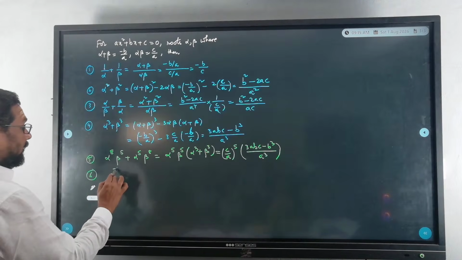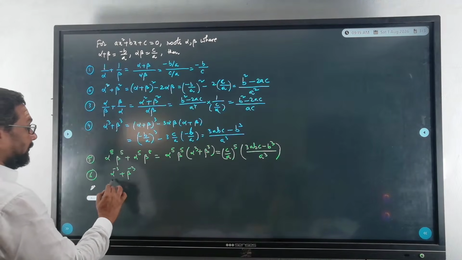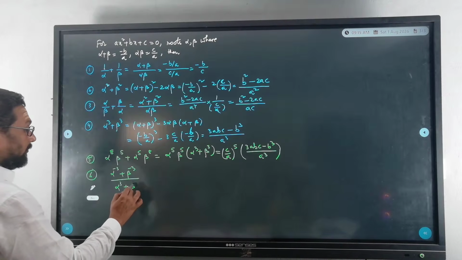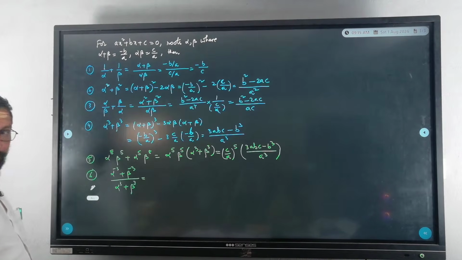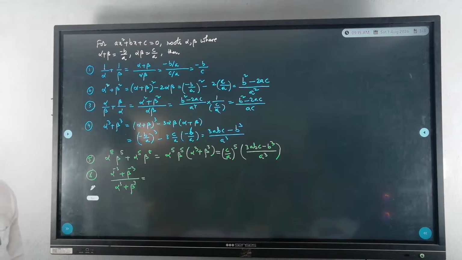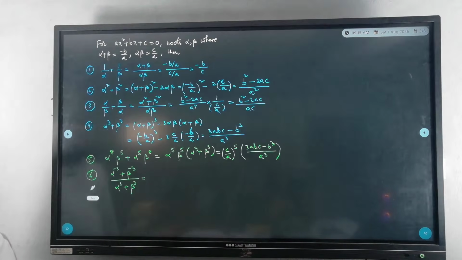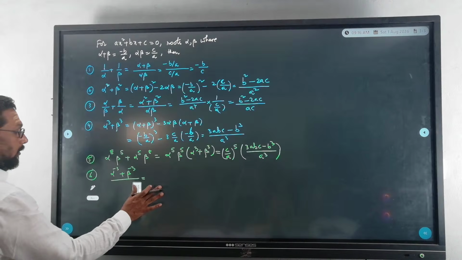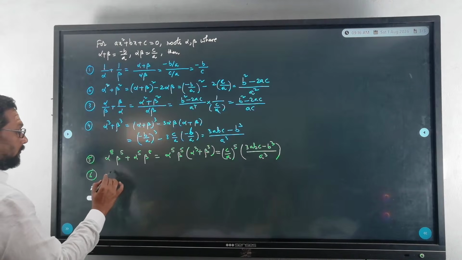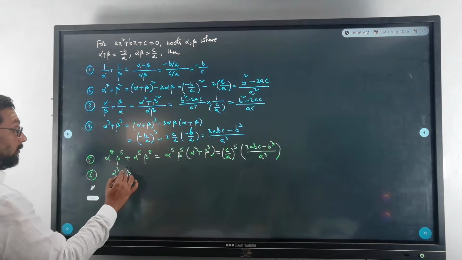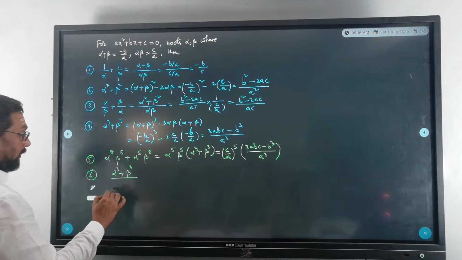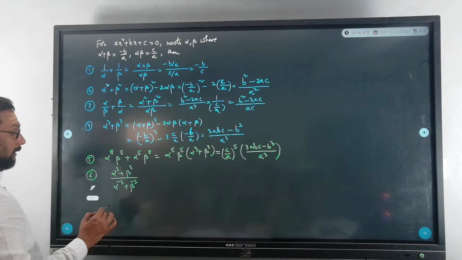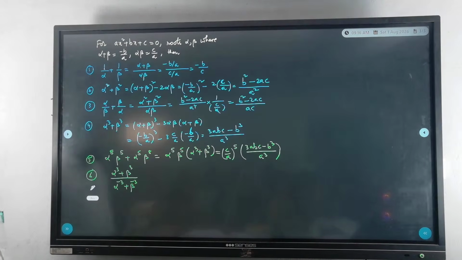Next, alpha power minus 3 plus beta power minus 3 by alpha cube plus beta cube. What happens? Alpha cube plus beta cube by alpha power minus 3 plus beta power minus 3. Change.